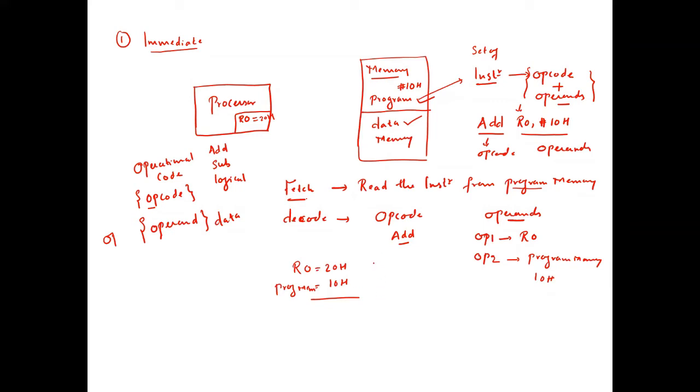That phase we call the execution phase, and it will produce 30H. Now, where does this 30H result need to be stored? Again in R0. So what is this instruction? Add R0 comma #10. It will take R0 equal to R0 plus 10.